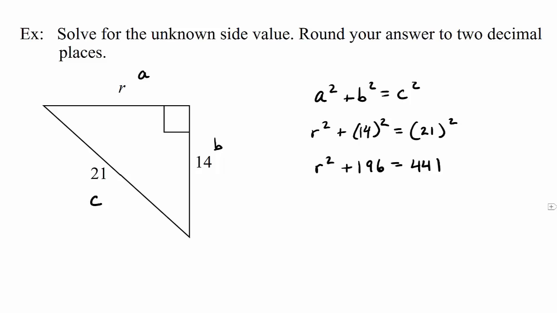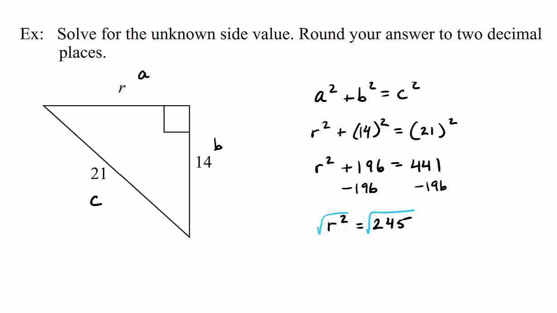I then need to get the r squared by itself, so I need to remove this 196. The 196 is connected via addition, so I'm going to subtract 196 from both sides. When I do that, I will get 441 subtract 196. That's going to be an r squared on the left-hand side of the equation and a 245 on the right. In order to isolate for r again, I'm going to square root both sides.